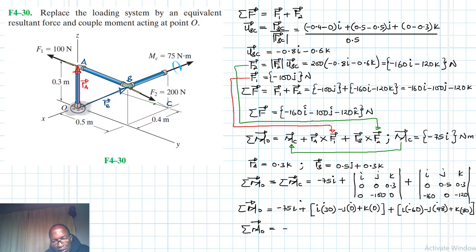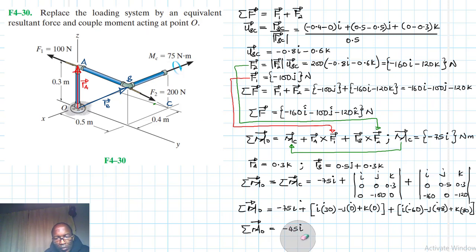This is minus 45 I, and then we have, no, there is another one there, sorry.